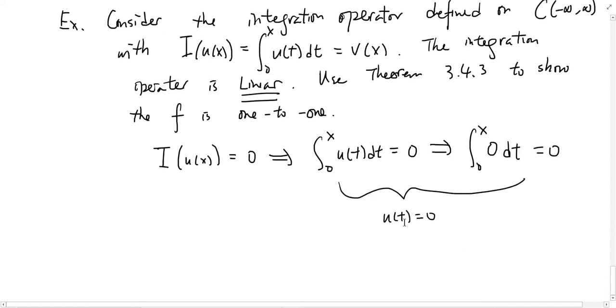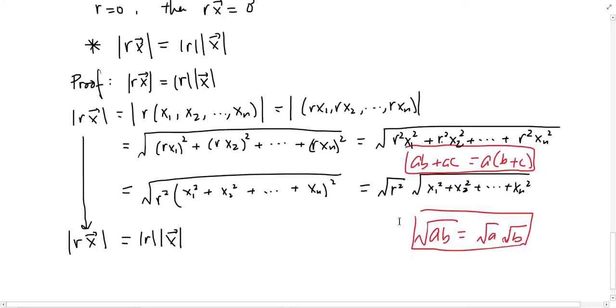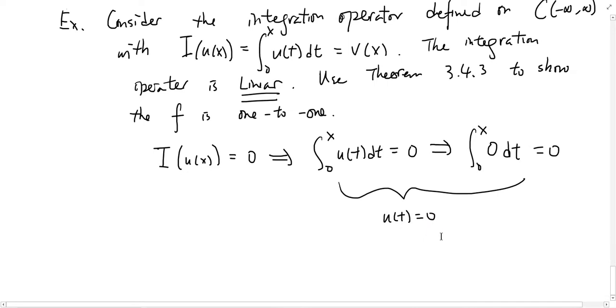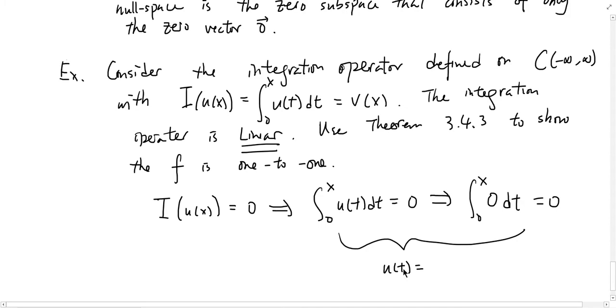Oh, sorry, it should be u of x. It must be equal to the 0 function, which is just 0.